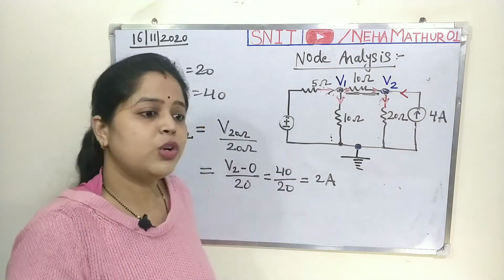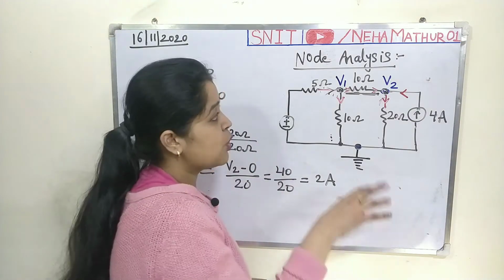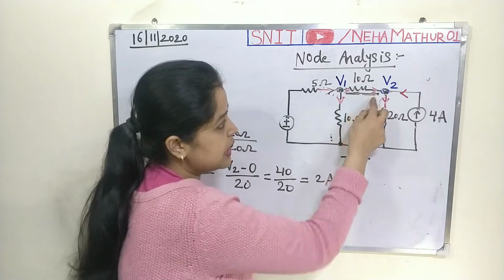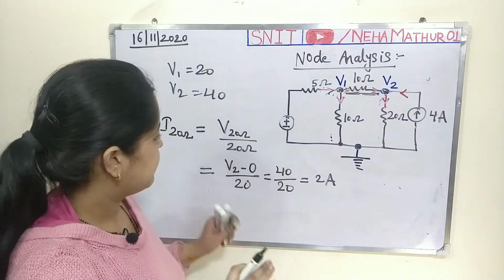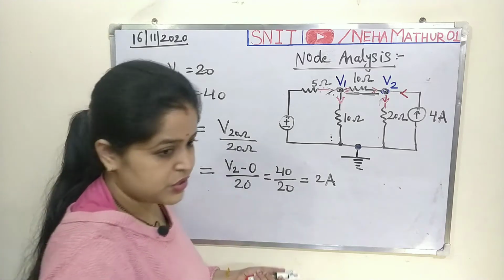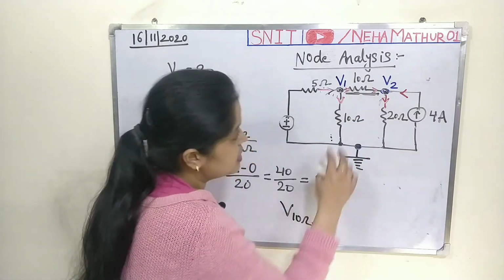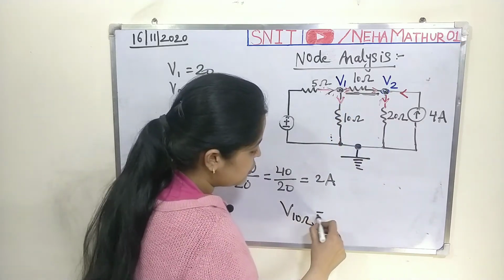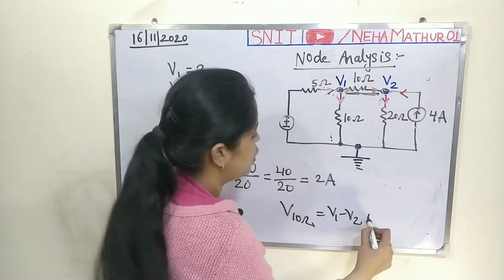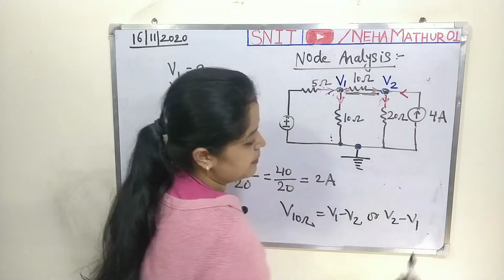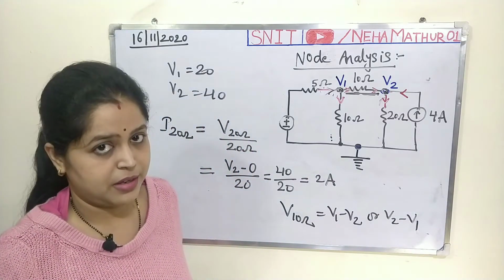If the examiner wants to know the voltage or current across this 10 ohm, this is the additional part of the question. So if the examiner wants to know the voltage across this 10, you can mention V1 minus V2 or V2 minus V1, depending on the direction of the current.